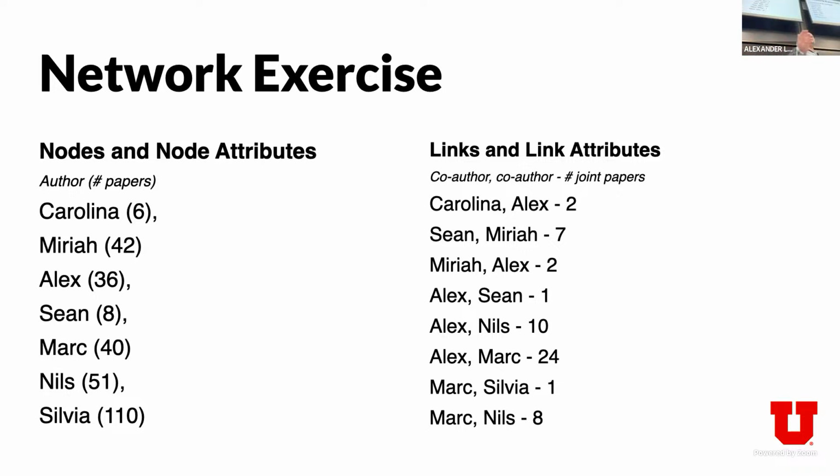That's a common way of getting a network, the data structure of a network: you get a node list, and then you get a link list, right? The left one is the node list. The right one is the link list. And for the links, we also have an attribute. In this case, it is the strength of the link, specifically how many papers these two people have co-authored. Okay, so we'll take 10 minutes to do this exercise, and then we'll talk about the solutions.